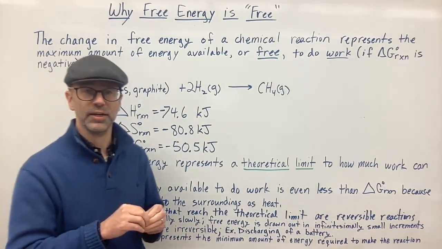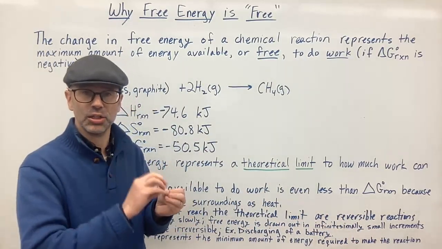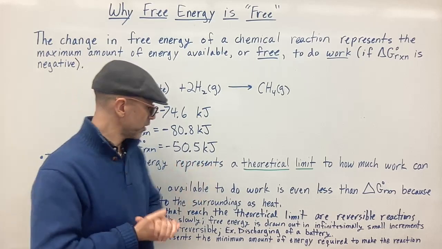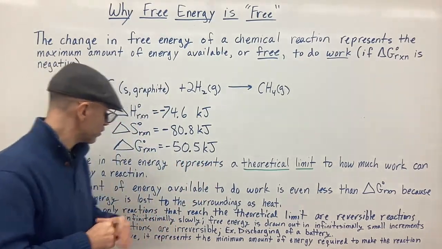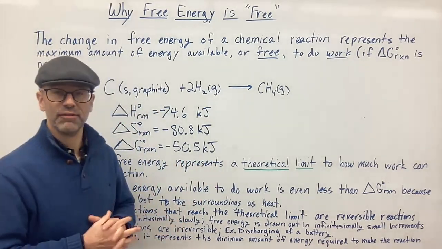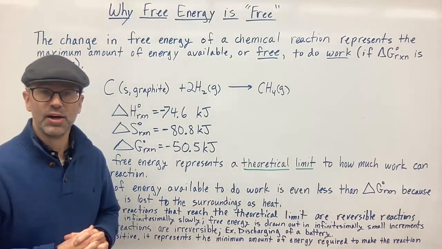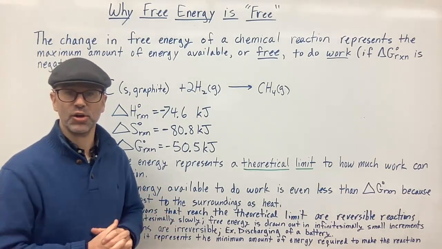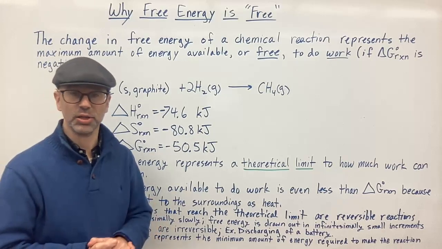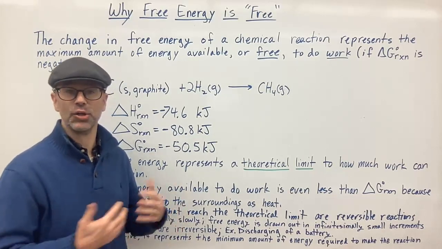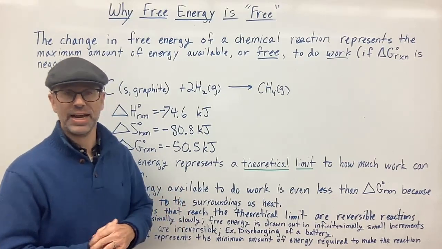If you were to remove it little by little, very slowly over a long period of time, then you would have a reversible process or reaction, and therefore you would reach the theoretical limit. But in real life, that's not going to happen.